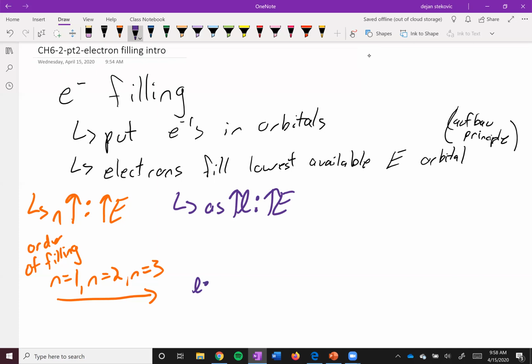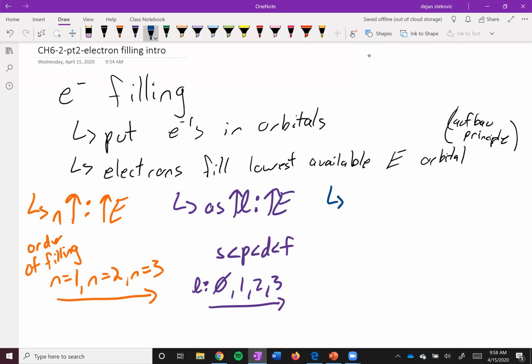The lowest energy would be 0, then 1, then 2, then 3. But remember, we don't talk about l in terms of these numbers. We use the letter designation. For l equals 0, it's s. l equals 1 is p. l equals 2 is d. And l equals 3 is f. So we go from left to right, higher and higher energy.